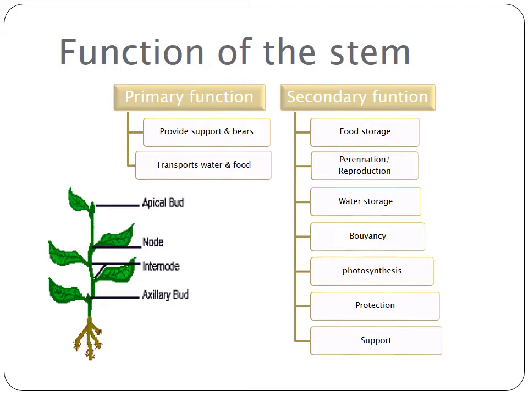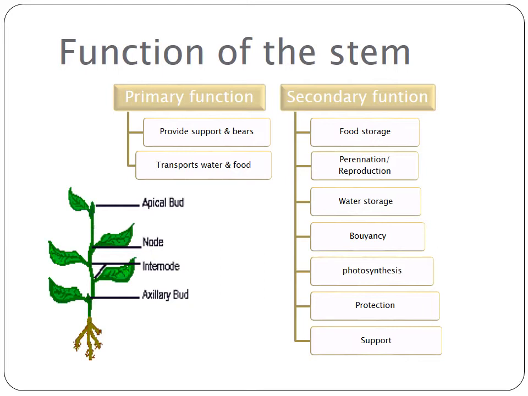First of all, food storage. This is an example: most plants have fruit, which is a storage of material. Then pollination and reproduction. Only the stem has flowers and fruits, so that is the reproductive part. Then water storage.